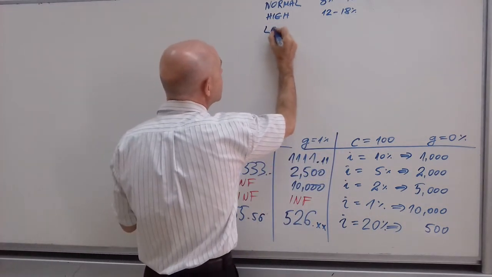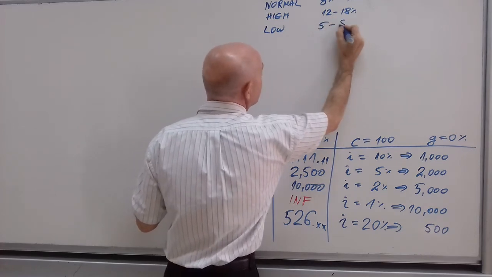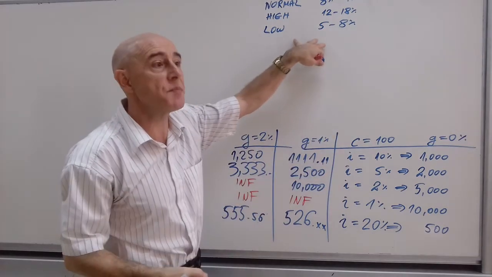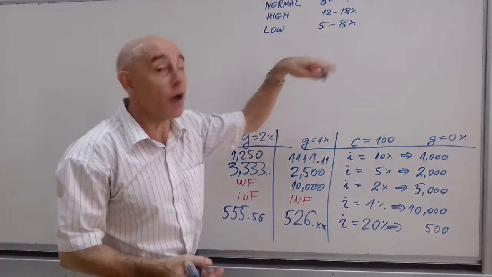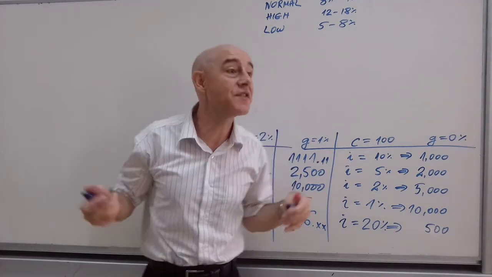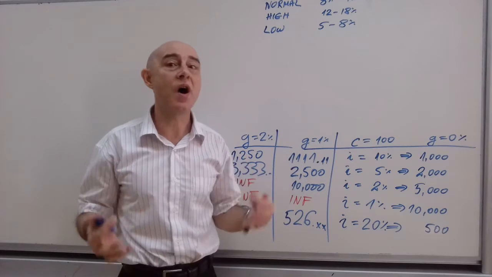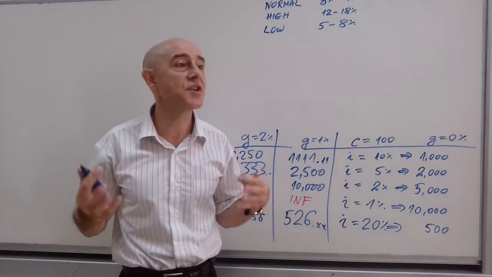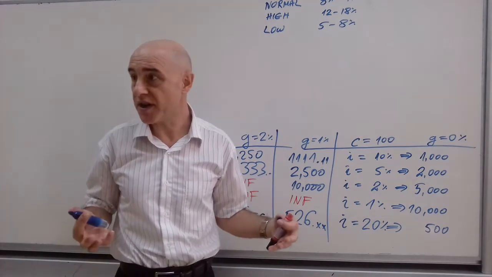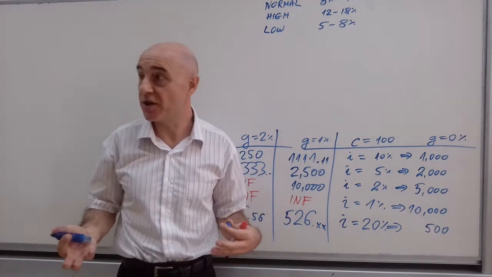And historically, low interest rates would be 5 to 8. Okay, this is a typical structure. Now, currently they're even lower simply because we have the lowest interest rates in the last 5,000 years of recorded history of interest rates. These times are abnormal times, okay?